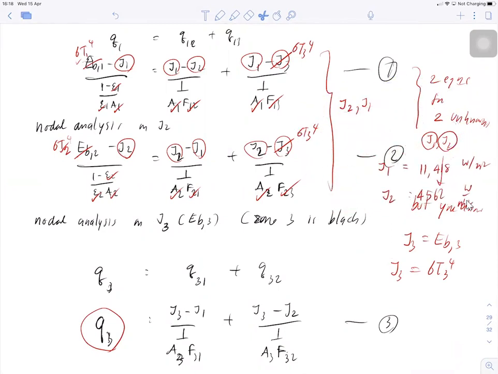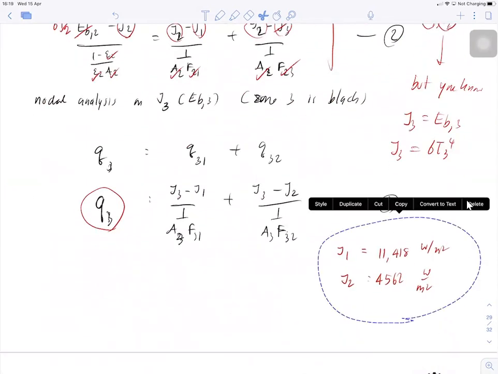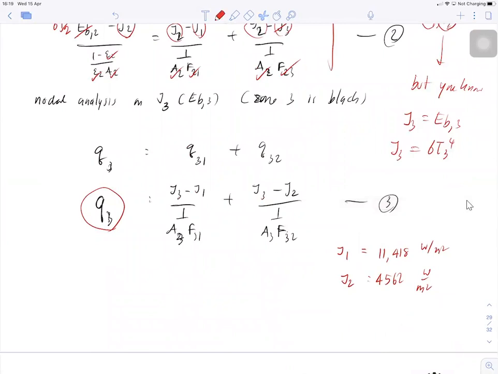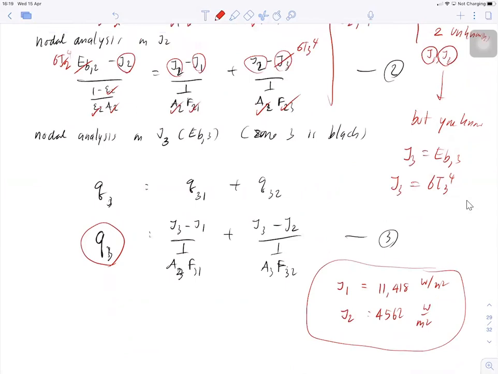Okay, so solving this, you have the J1, J2, and after that, you plug J1 and J2 inside here and there. J3, sigma T3 to the fourth. This is sigma T3 to the fourth.